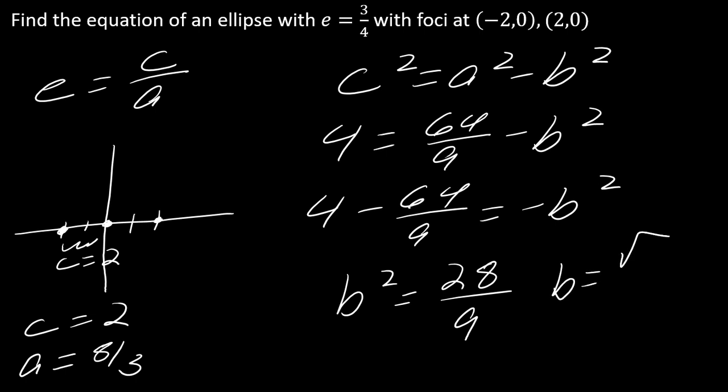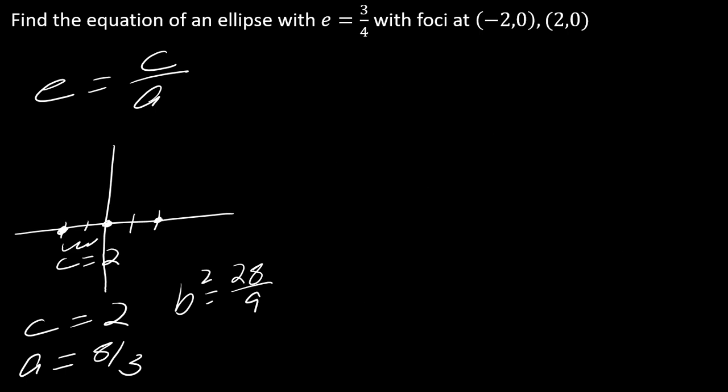I guess I can just note here my b is equal to the square root of 28 over the square root of 9, which is 3. But I'm actually just going to note here my b squared is equal to 28 over 9 because that's going to be more helpful with my actual equation writing.